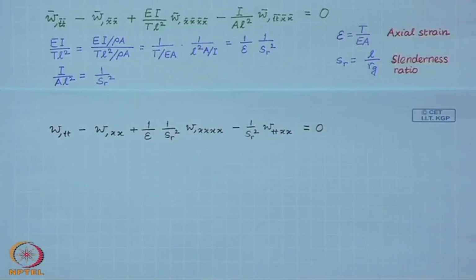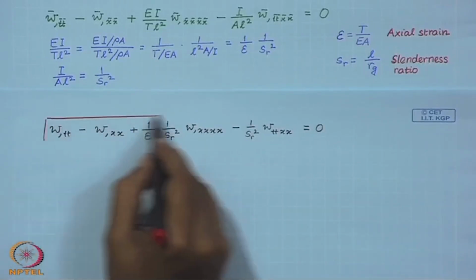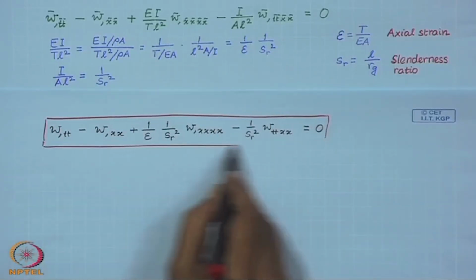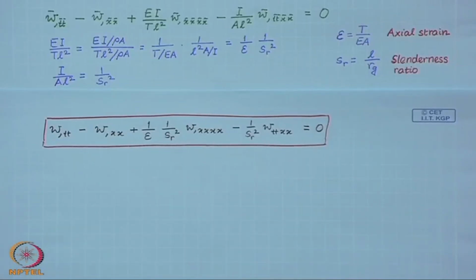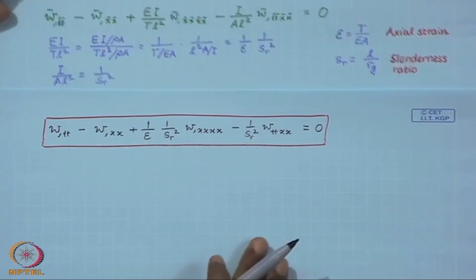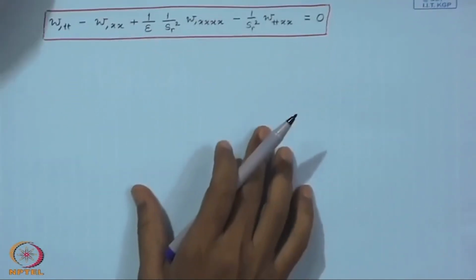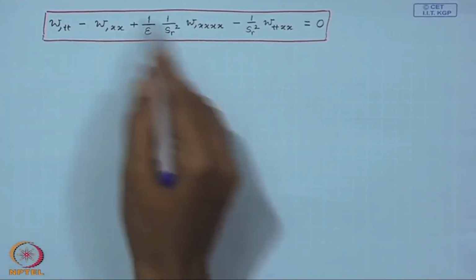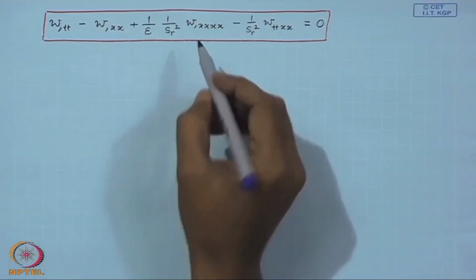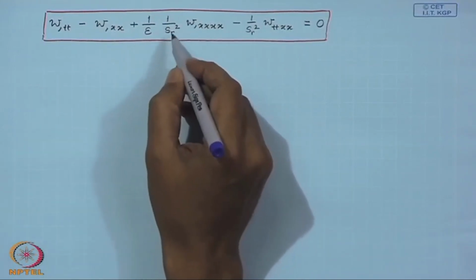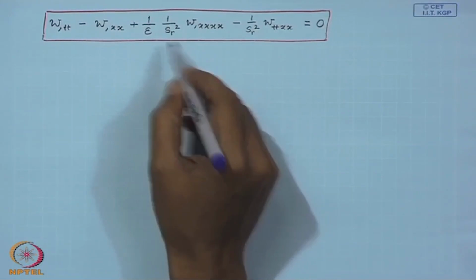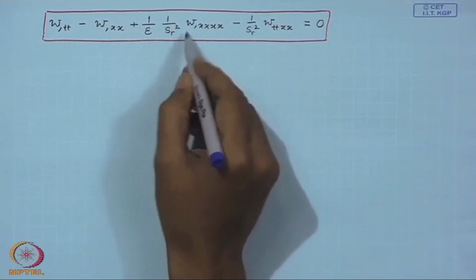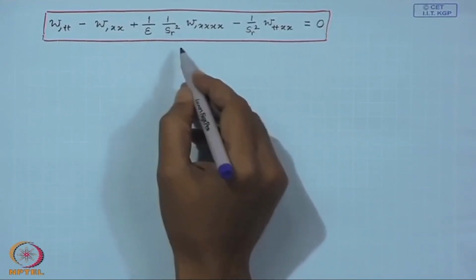So, this is our equation in non-dimensional form, with the parameters and the coefficients defined in a very special way. Here I have of course dropped the tilde symbol for simplicity. Now, let us look at these terms. This is the slenderness ratio which indicates how slender the beam is. So, it is the length over the radius of gyration.